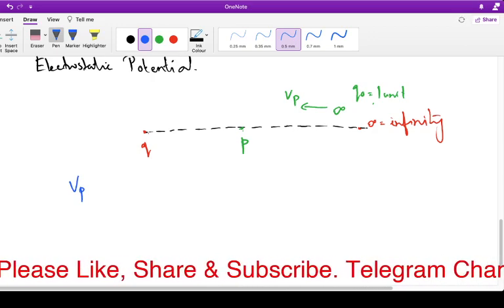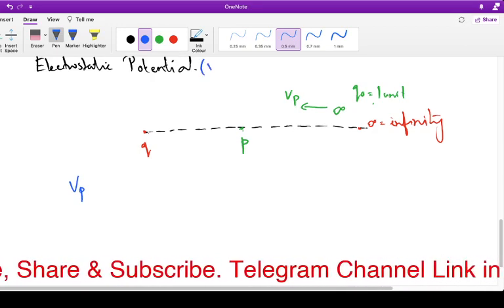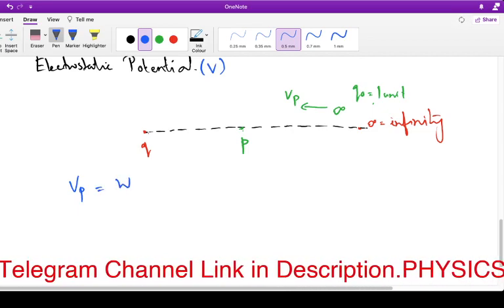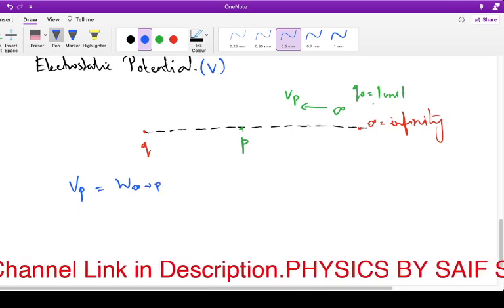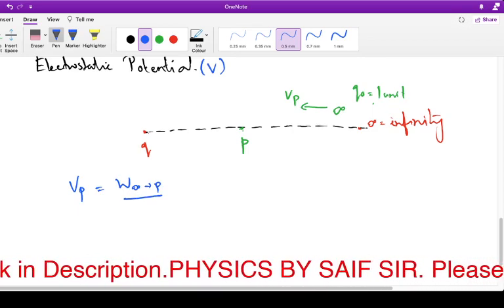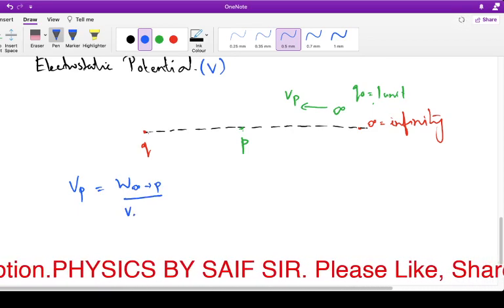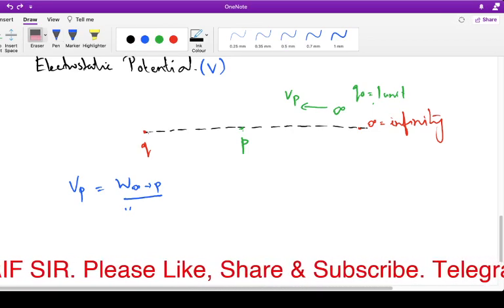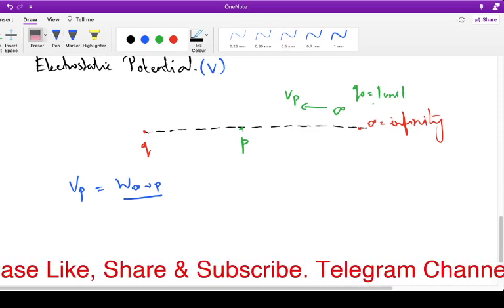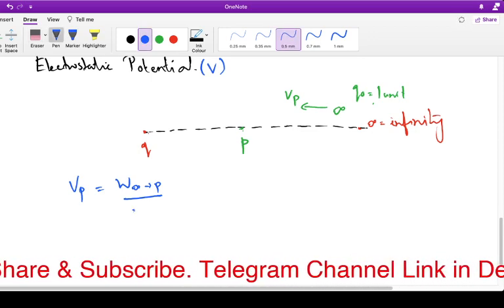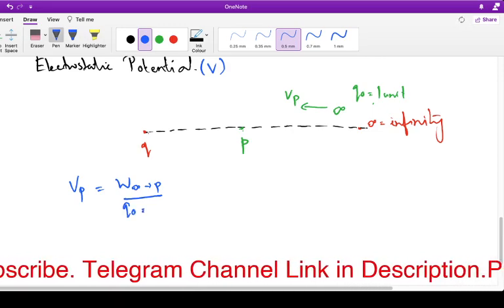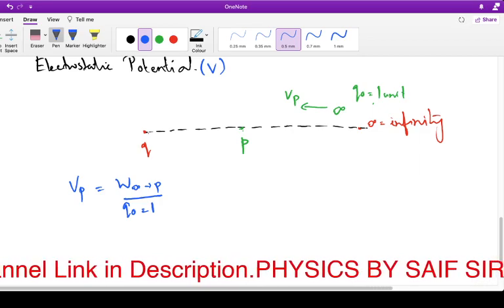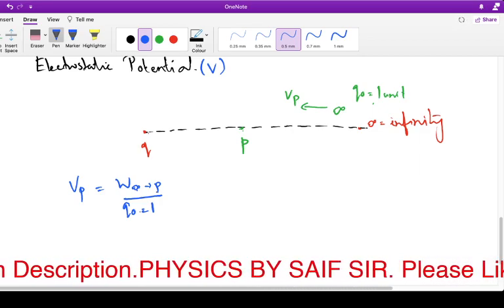The symbol we use for electrostatic potential is V. Vp is equal to the work done in bringing the charge from infinity to P by q naught, where q naught is equal to 1, as we are using 1 unit charge.